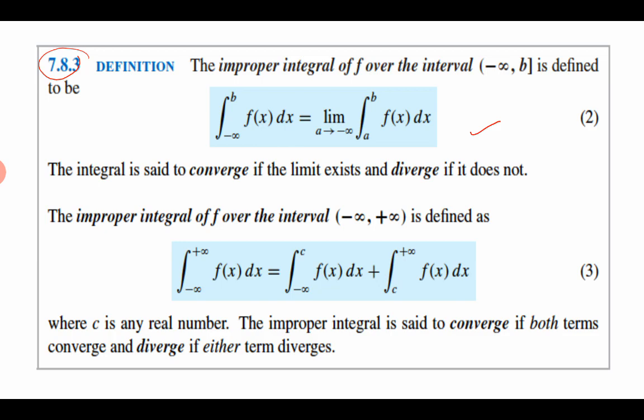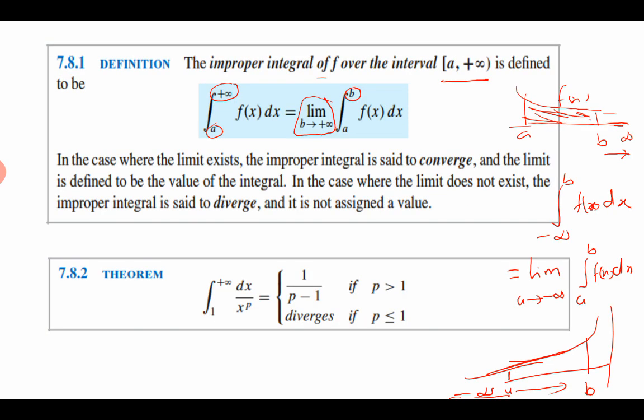Now let's go back to theorem 7.8.2. What it suggests is, when you integrate from 1 to positive infinity a function in the form 1 over x to the power p dx, it can be 1 over x square, 1 over x cube, 1 over root x, anything.